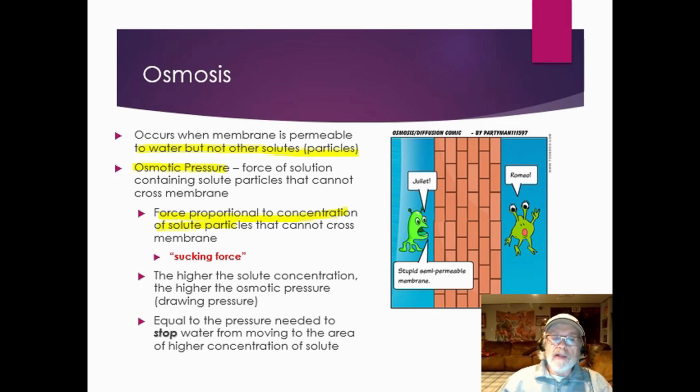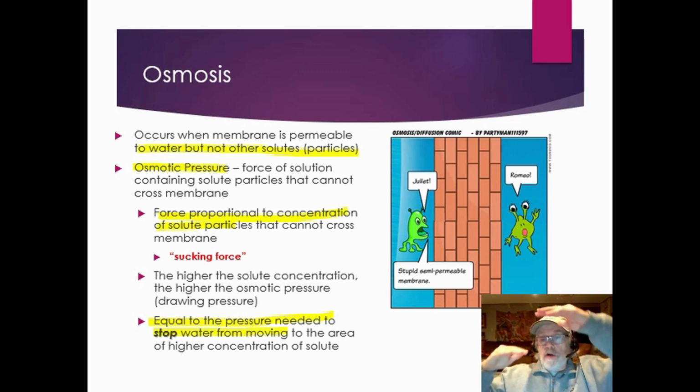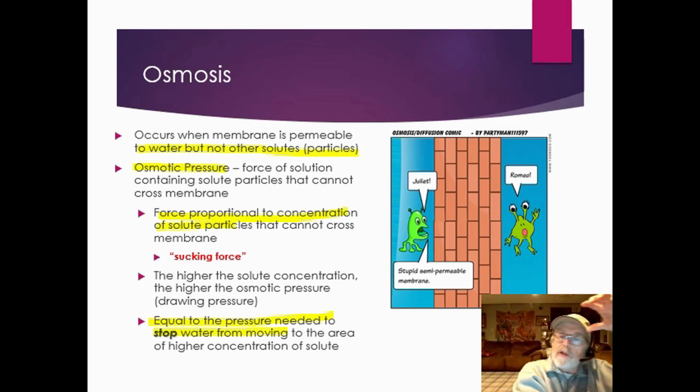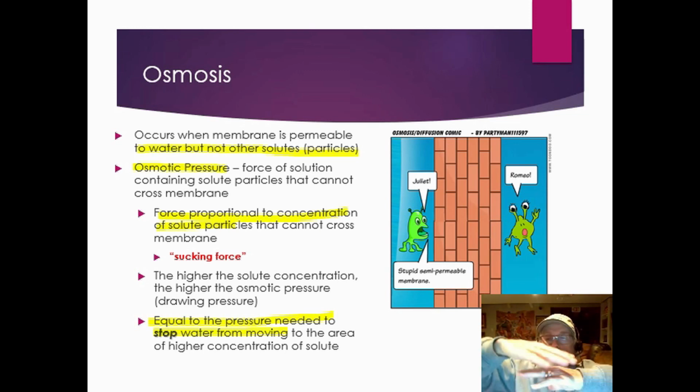Okay, and the pressure eventually becomes equal to the point where water will stop moving when we finally get that equalization, where the concentration on one side of the membrane is equal to the concentration on the other side of the membrane. Now the water levels will change, because if I start out with more particles on the one side, that water level is going to go up, because I'm taking some of that fluid volume from the side that's more dilute and putting it across the membrane to the more concentrated area, so my fluid level is going to go up. Okay, makes sense?